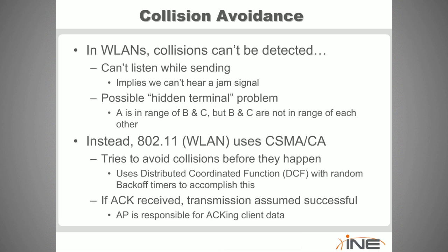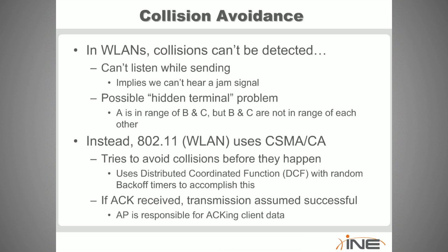In this scenario, host B thinks that it's okay to send, and host C thinks that it's okay to send, because they cannot hear each other's transmissions. But the guy in the middle, A, knows that both B and C are sending at the same time, and neither signal is going to be received properly. To make sure that there's no interference, we need to make sure that only one station within range of the others is sending at a time.